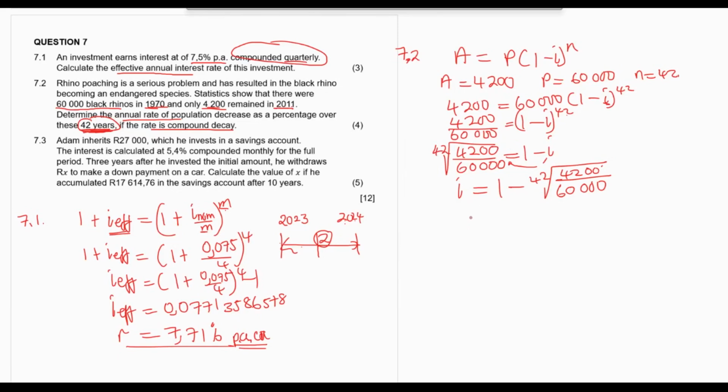Put this in the calculator. What you get, i is equal to 0.06113529181. So we can multiply this by 100 to convert it to a percentage. So i is equal to 6.14. This 3 will change and become 4 because of the 5 there. Then percent. That's the annual rate of population decrease. It decreases by 6.14% per annum.